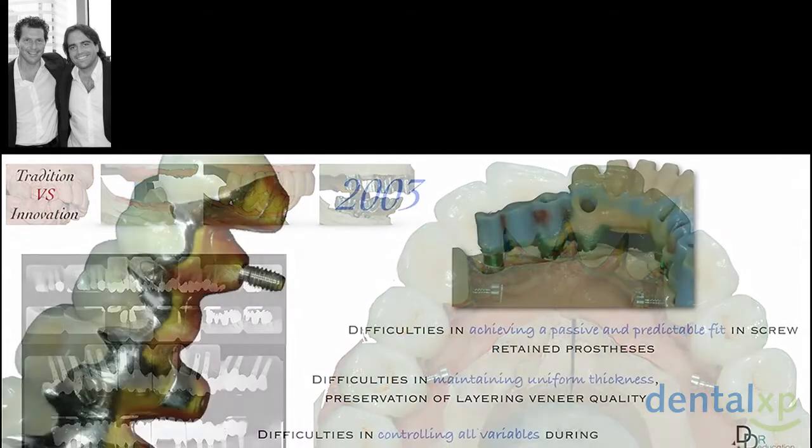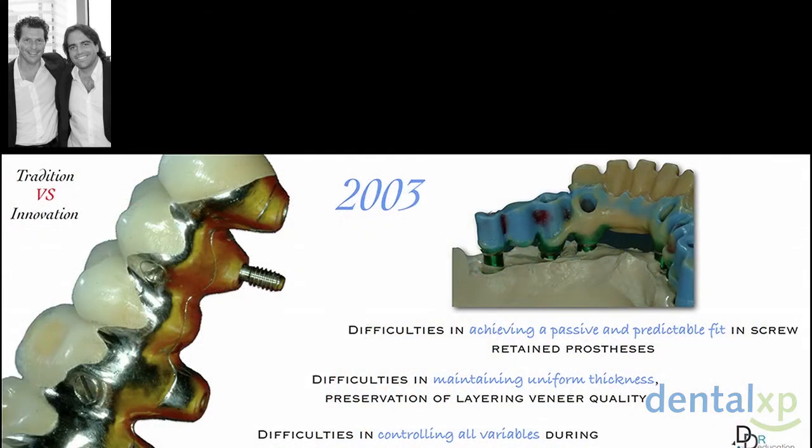Yes, because in this case, the technician was able to overcome the difficulties in achieving a passive and predictable fit, maintaining uniform thicknesses and controlling all the variables during the interim wax fusion. So great, talented, and skilled technicians.